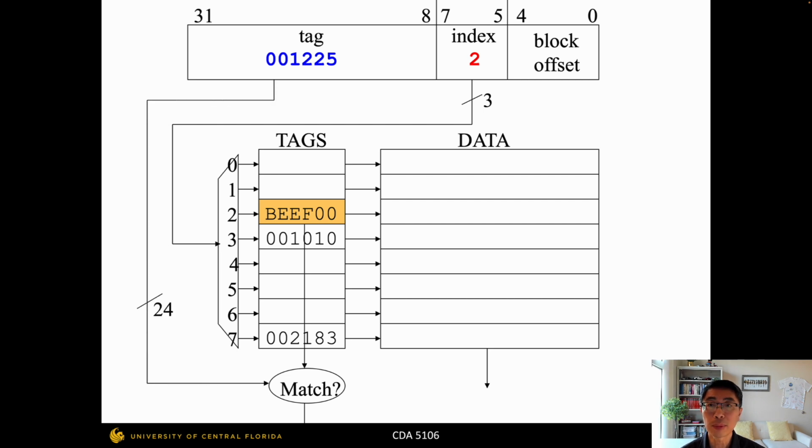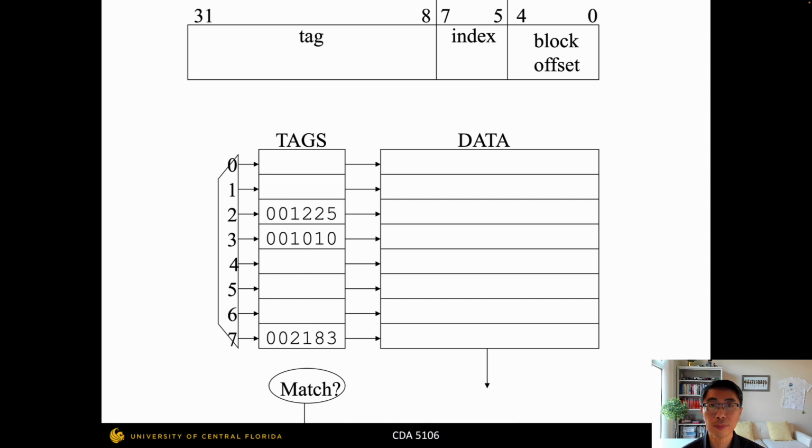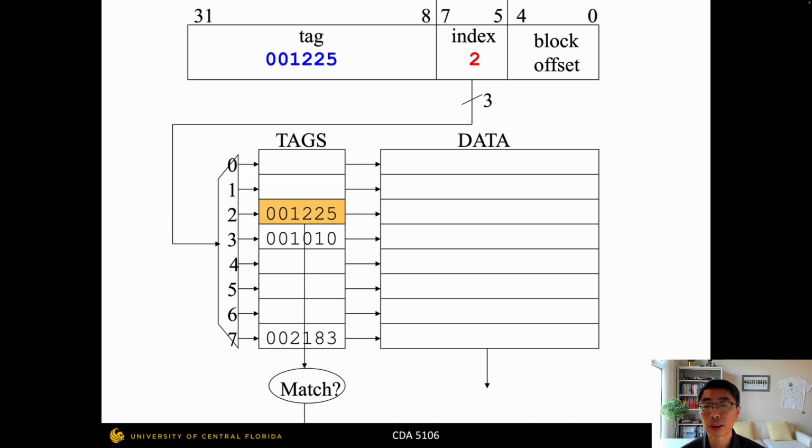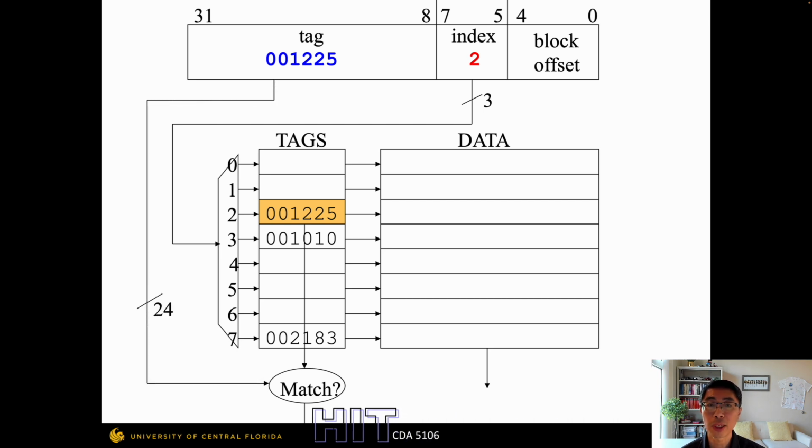So the block that we want is not in the cache, and we have to bring it from main memory and replace the current block. Our final access is to index 2 again, and in this case what we want to access is tag 001225, and when we compare the tag, we have a cache hit.